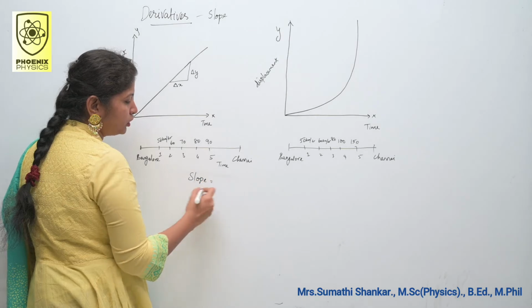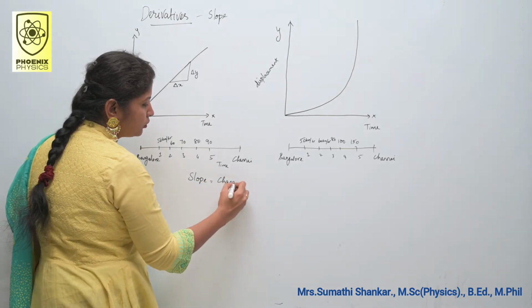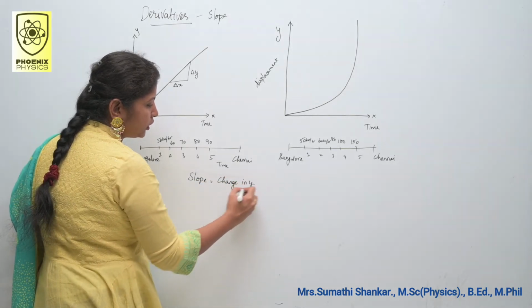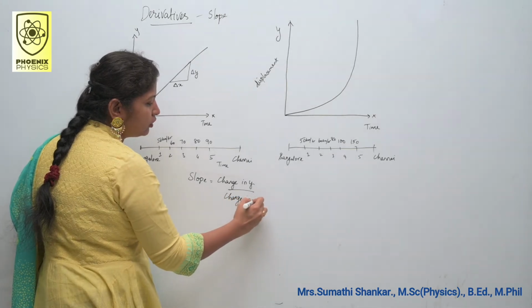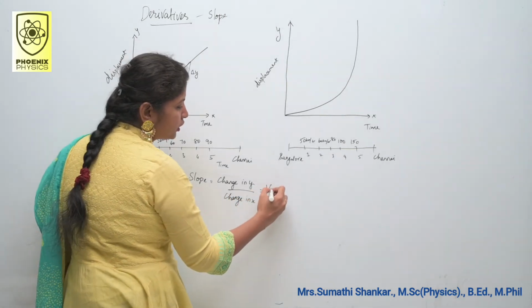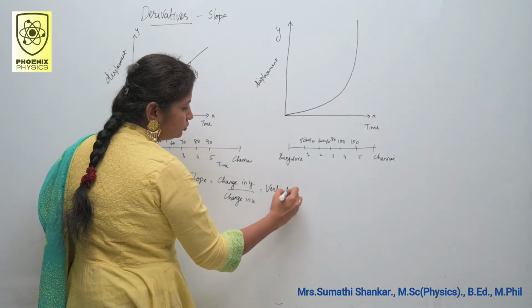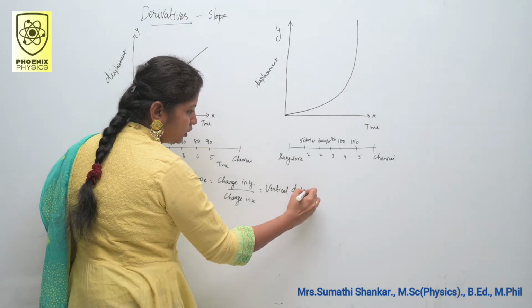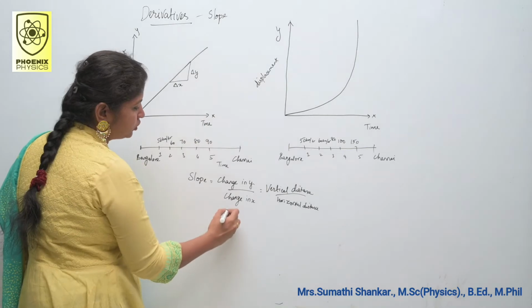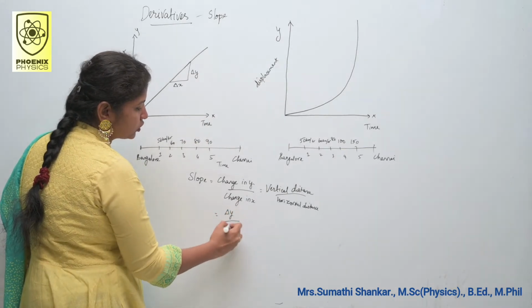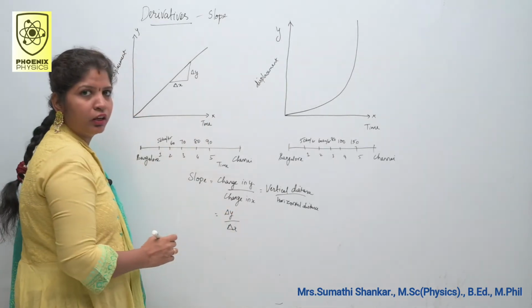Slope is nothing but change in y divided by change in x, or we can say vertical distance divided by horizontal distance. So change in y means delta y, change in x means delta x.